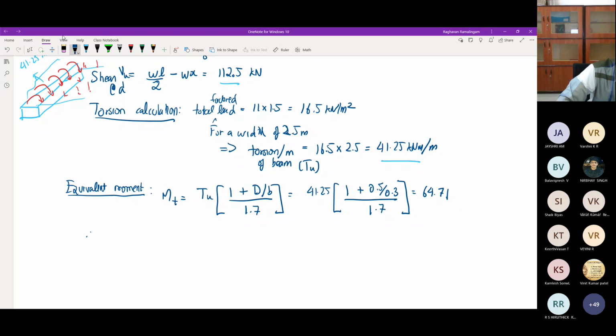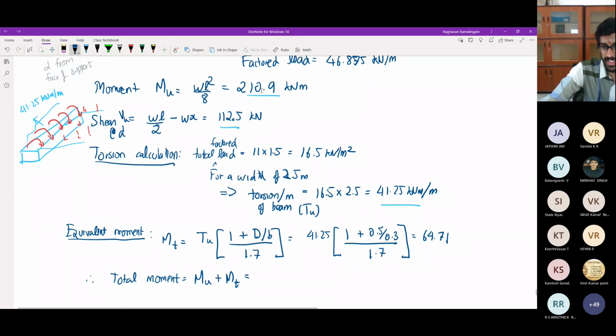So therefore, total moment is nothing but Mu plus Mt. This is the maximum. You can also do Mu minus Mt, for example, for the bottom you do Mu plus Mt, for the top it becomes Mu minus Mt. But since we are going to design only for the maximum, let us just carry out Mu plus Mt. So Mu we found was 210.9.